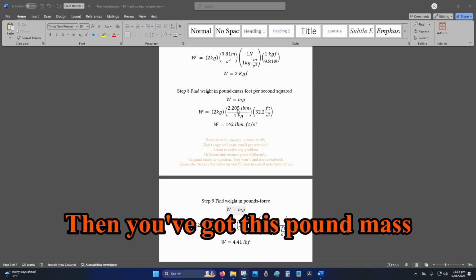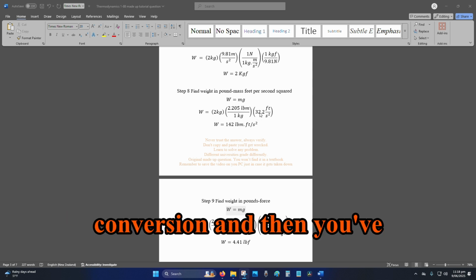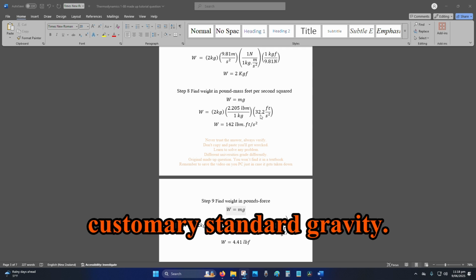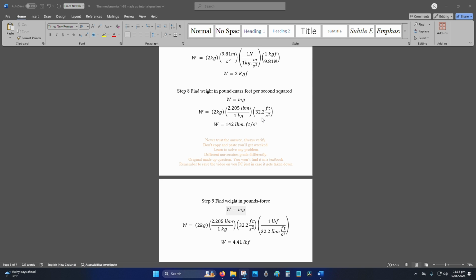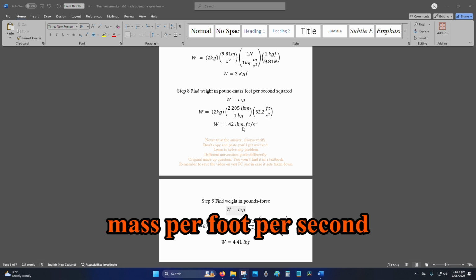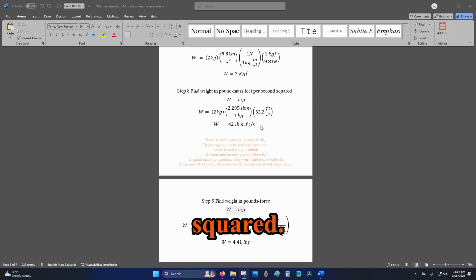Then you've got this pound mass conversion, and then you've got your imperial, US customary standard gravity. So you just multiply all these 3 and you'll get 142 pound mass feet per second squared.